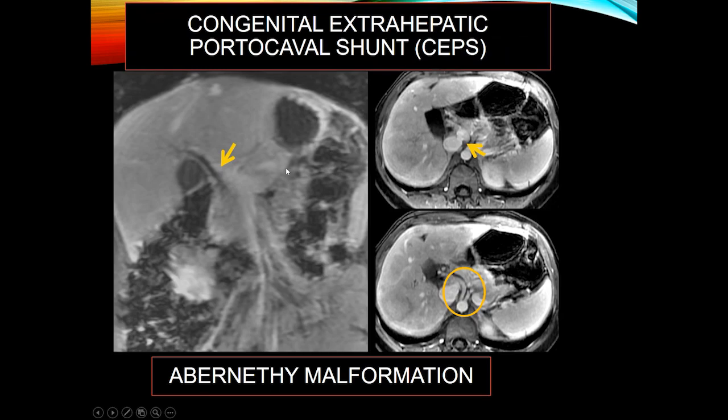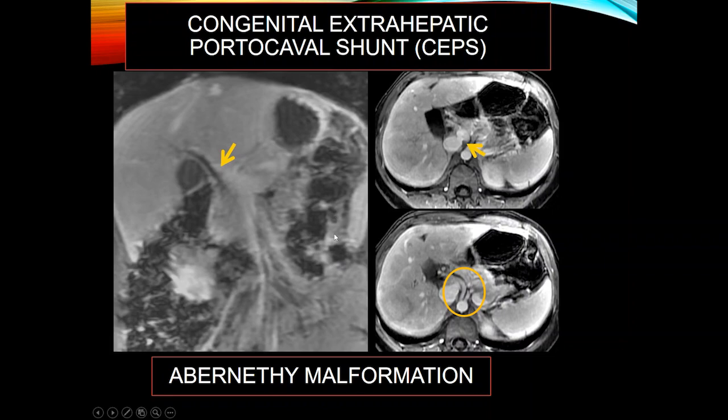There are some variants within the venous anatomy. This is a more unusual variant when there's absence of the portal vein, and instead there is an extrahepatic portocaval shunt. There's incidental variant of the hepatic and splenic artery in this case, with absence of the celiac and separate branching, but that's not as relevant. The more important thing is to recognize the absence of the main portal vein and this shunting, and this actually has implications.